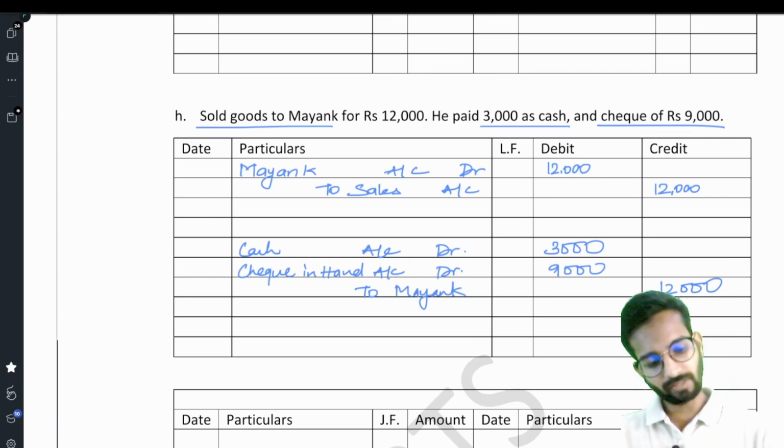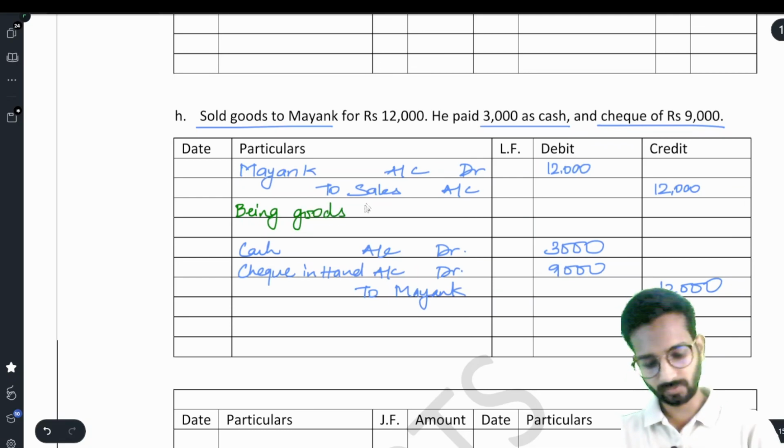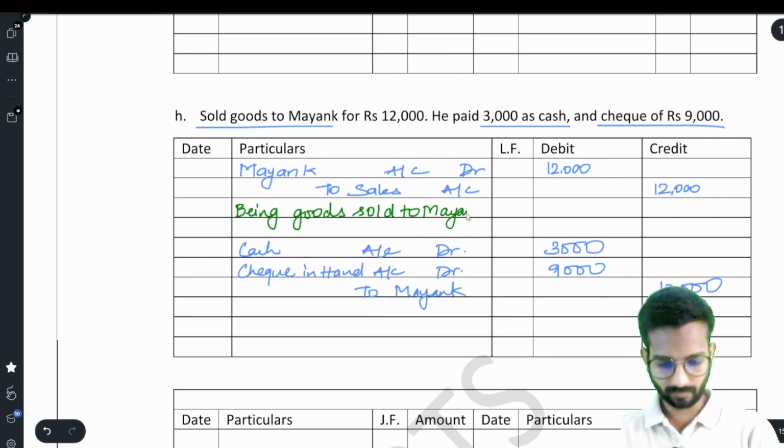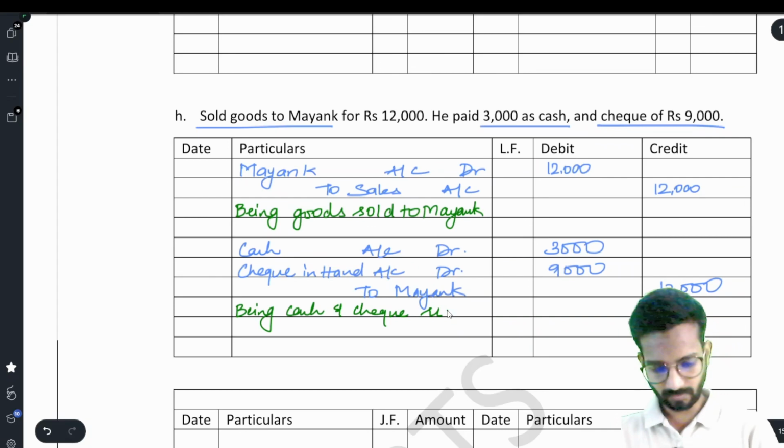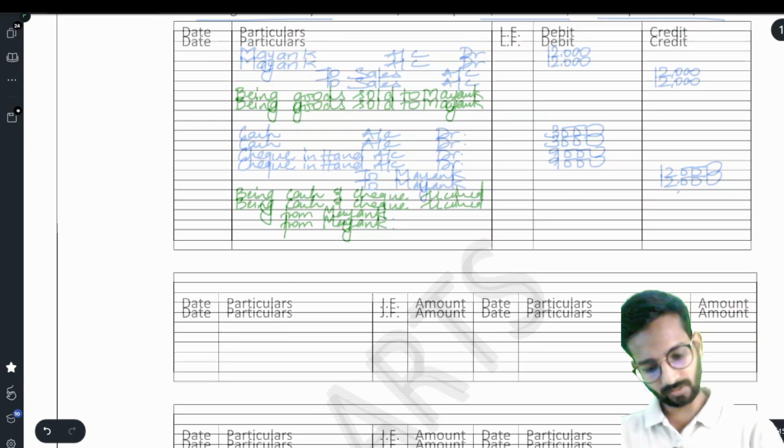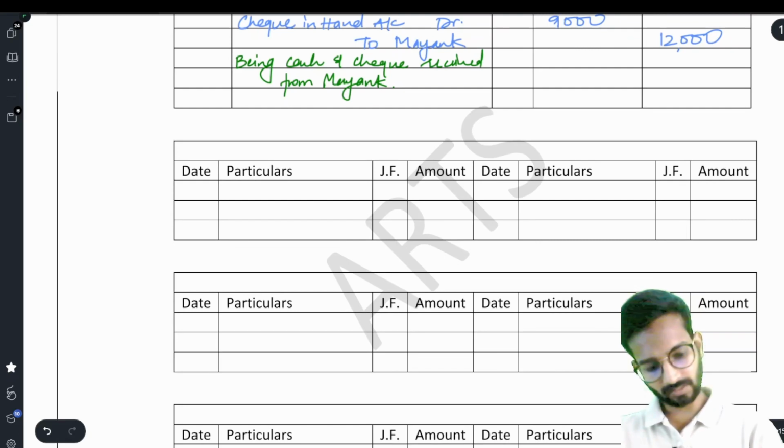Now we will write the narration. Narration is being goods sold to Mayank, and here being cash and check received from Mayank.